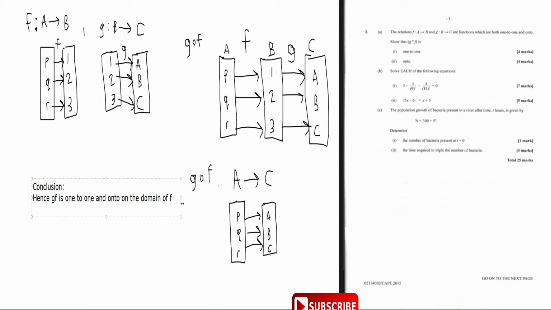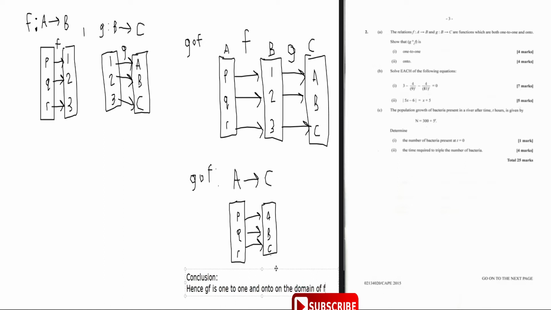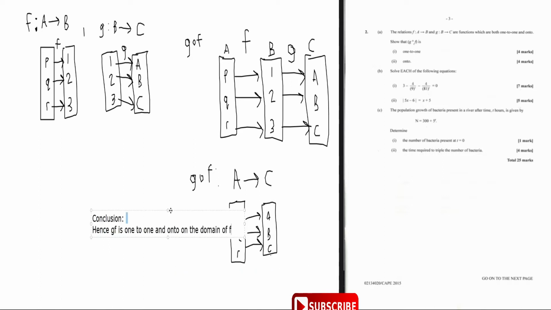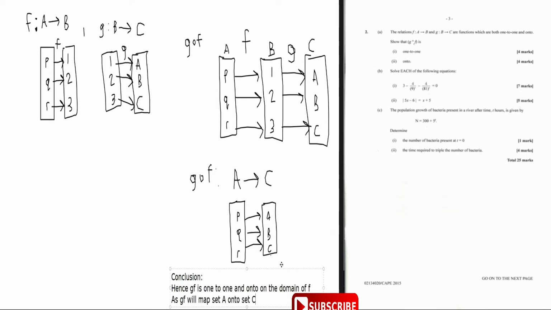As we can see, it is 1 to 1 and it is onto, but it's on the domain of f. And you can add a little further note: G of f will map set A onto set C. That's what G of f does.